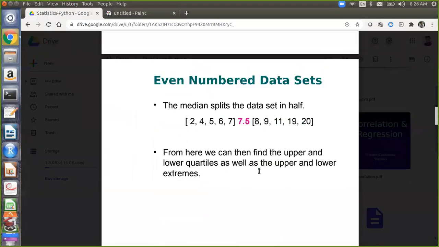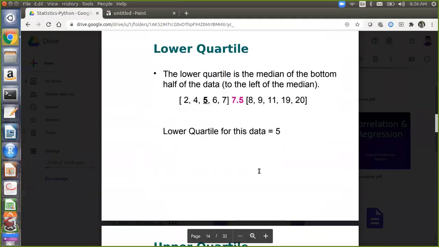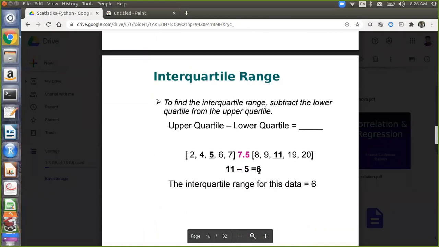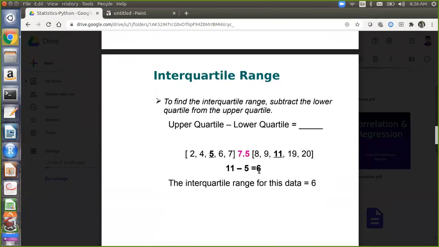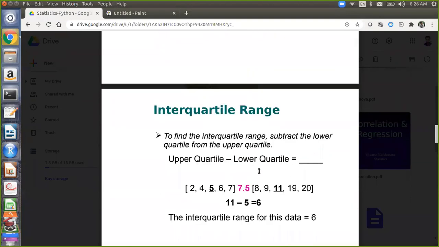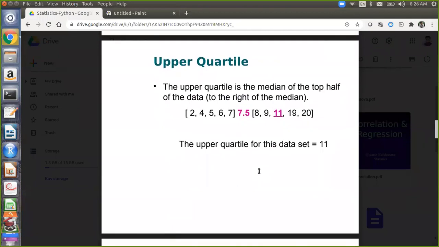In a box plot, the median value may or may not be present in the data set. When it is an odd number data set, the median will be there in the data set itself.